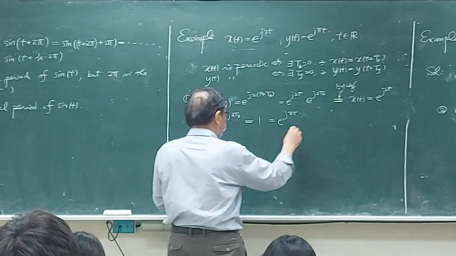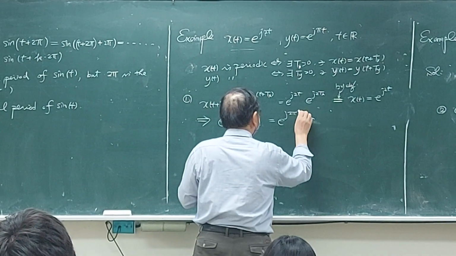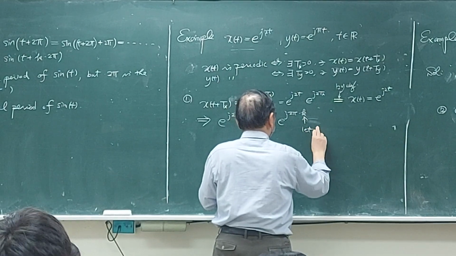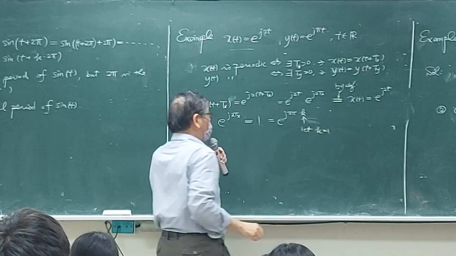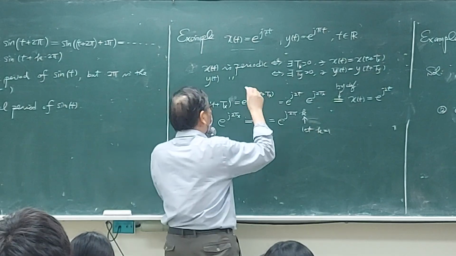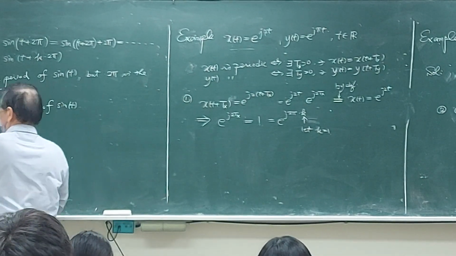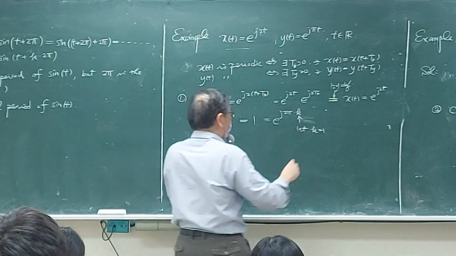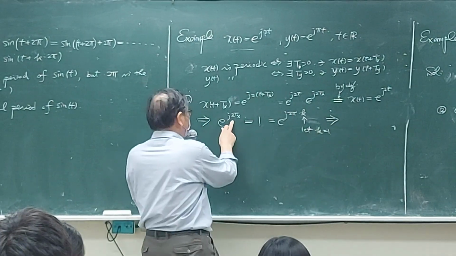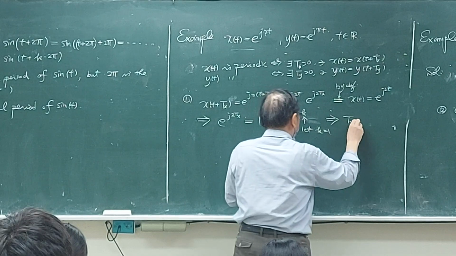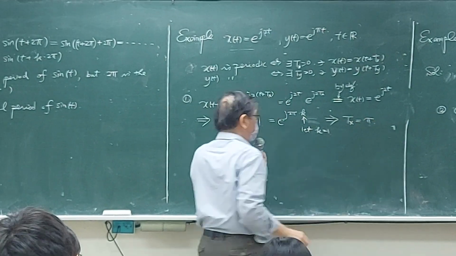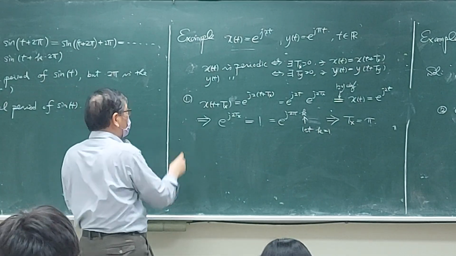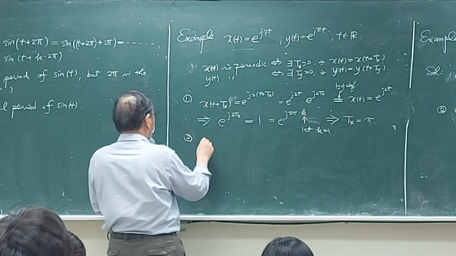What is T_x? Because I want to find the smallest one. I need to find the smallest one. So the fundamental period is pi for the x of t.